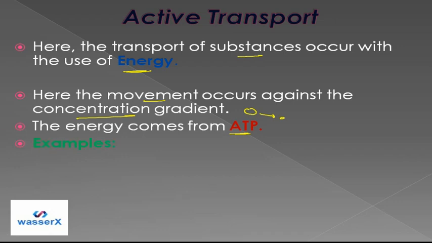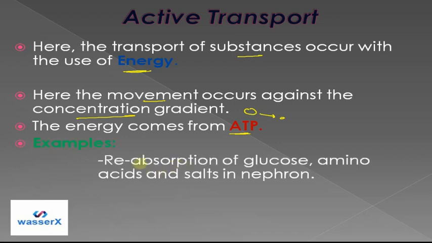The examples of active transport can be, first, reabsorption of glucose, amino acids and salts in the nephron. Nephrons are the structural and functional units of the kidney. Here the urine formation takes place. While urine is formed, the reabsorption of glucose, amino acids and salts occurs by means of active transport.